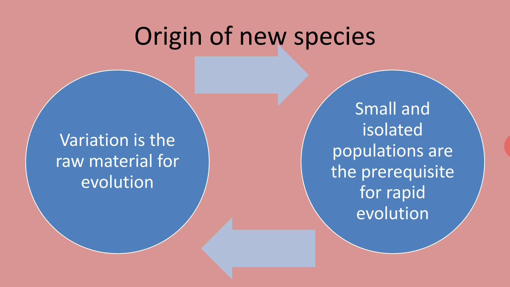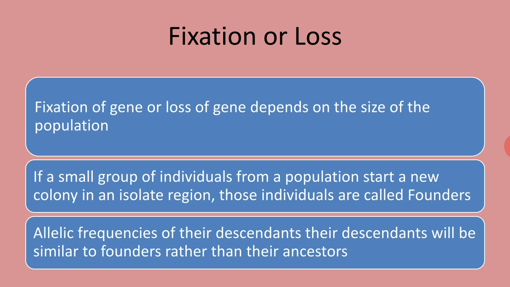I will give the example of red Indians in subsequent slides, of course. Here you remember that small and isolated populations are the prerequisites for rapid evolution, and in these small and isolated populations only, genetic drift occurs. Fixation of a particular character or loss of a particular character takes place due to genetic drift.